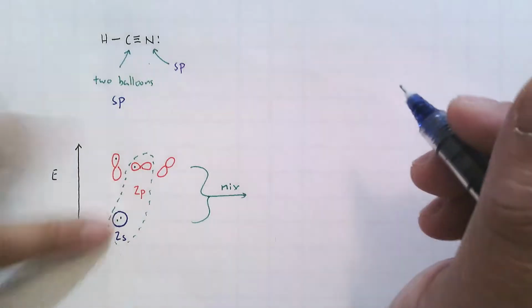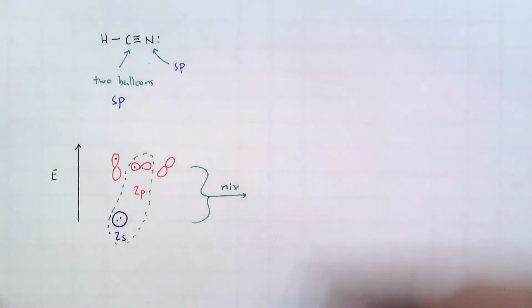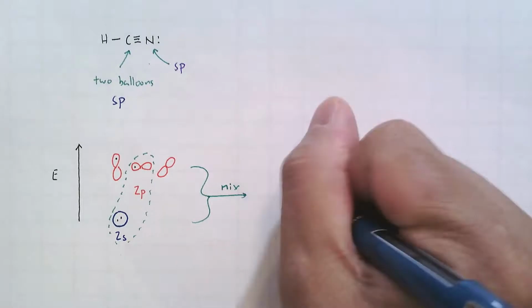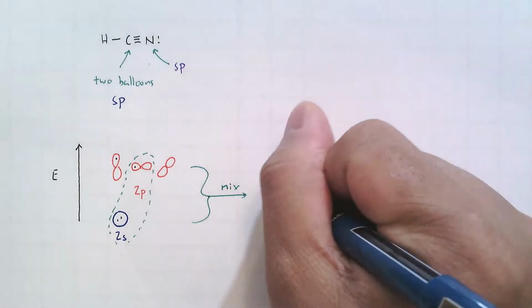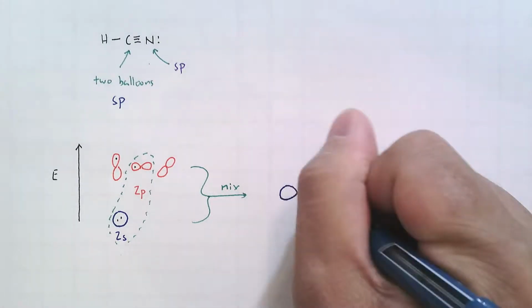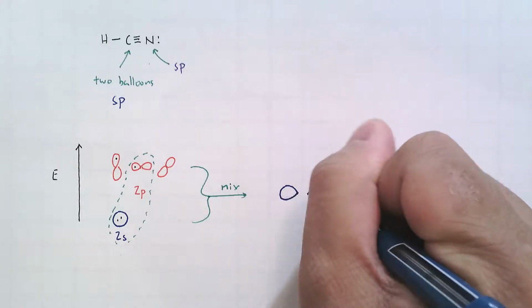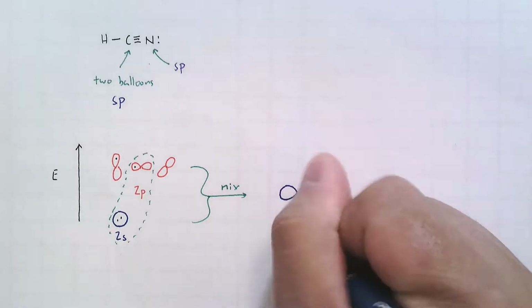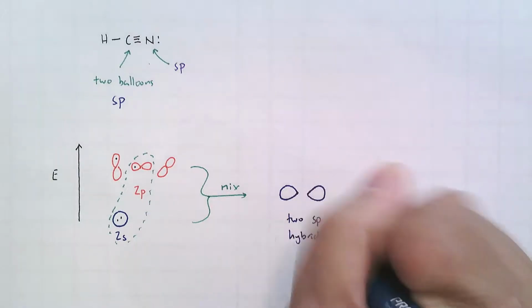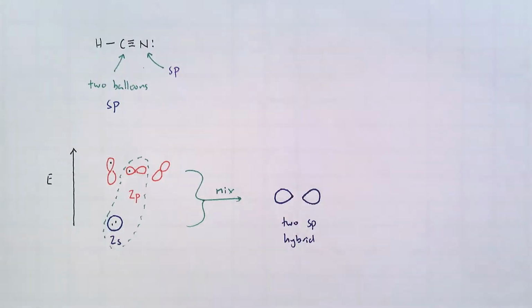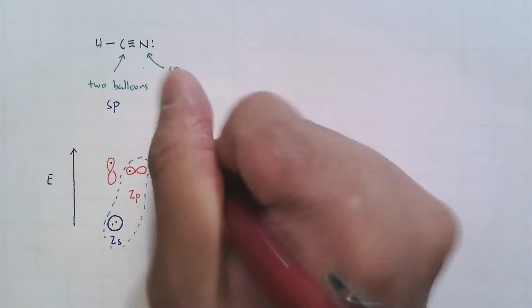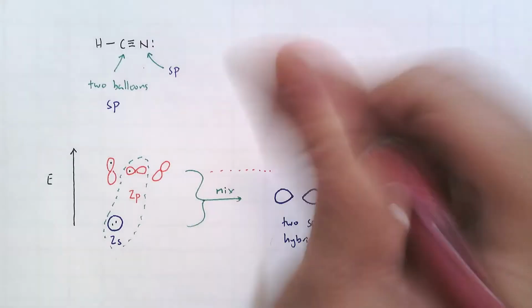When you mix 2 atomic orbitals, what was the rule? You get the same number of hybrid orbitals. And since we're making 2 hybrid orbitals, those are separated by 180 degrees. So I'm going to draw the two lobes like this. Those are your two sp hybrid orbitals. Look what happens to the unhybridized p orbitals. You just carry them onto the same level.